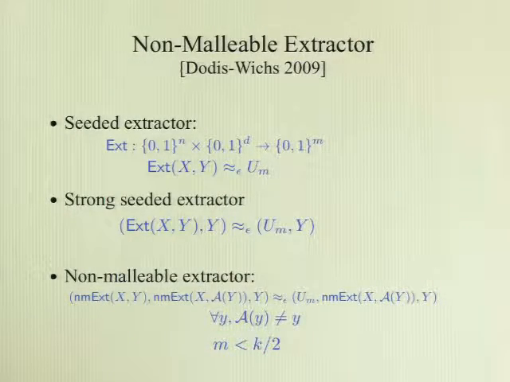Now the non-malleable extractor, in a way, you can just think of as an even stronger notion of the strong seed extractor. So here you're not only given the seed y, but you're also given an output of the non-malleable extractor on some correlated seed AY.